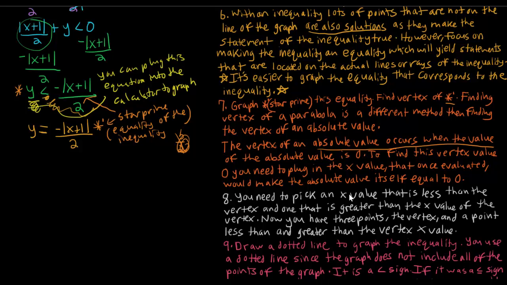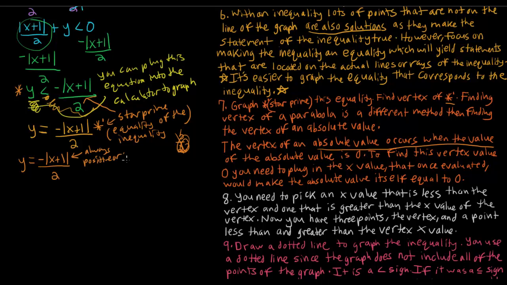So we're trying to find the vertex here. So right here we have y equals negative absolute value of x plus 1, over 2. The absolute value is always positive, or 0.